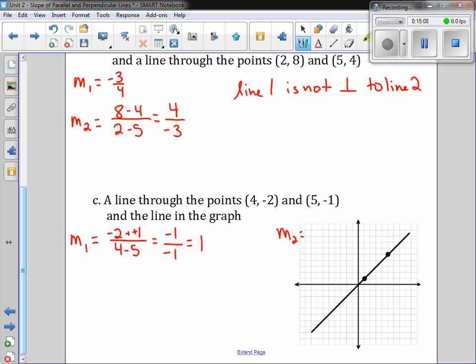The slope of line 2, we are going to rise 4, and we are going to run 4, which gives us a slope of 4 divided by 4, which is 1. Since the slope of M1 is equal to the slope of M2, these lines are parallel and not perpendicular.